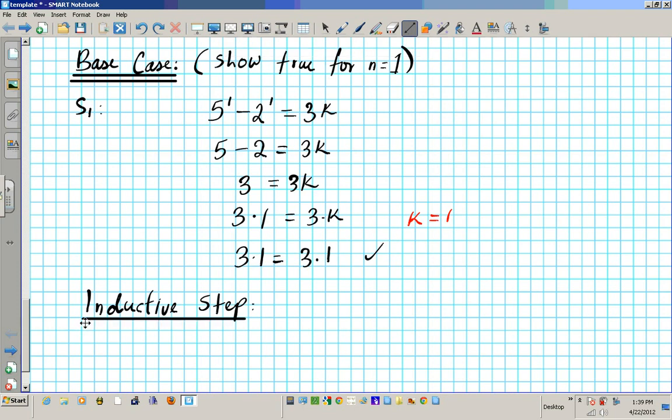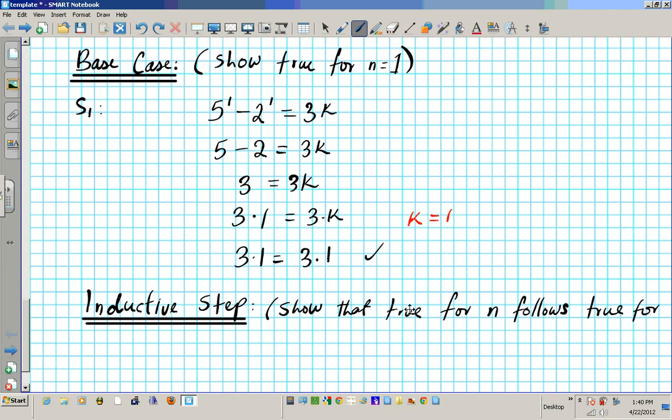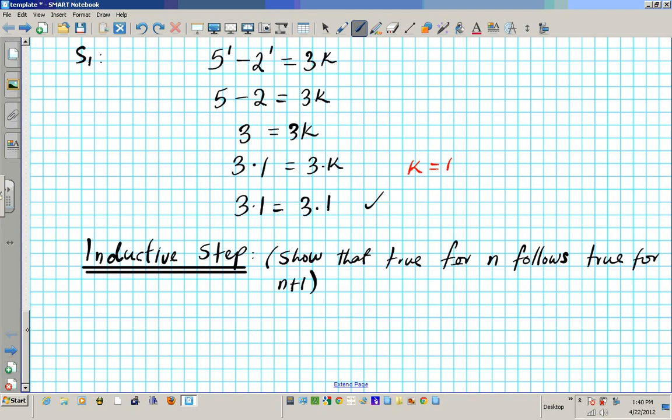For the inductive step, we want to show that true for n follows true for n plus 1. Okay, so true for n, this is by assumption. If we assume true for n by assumption, it follows that n plus 1 is also true. Okay? Alright, there are two parts.